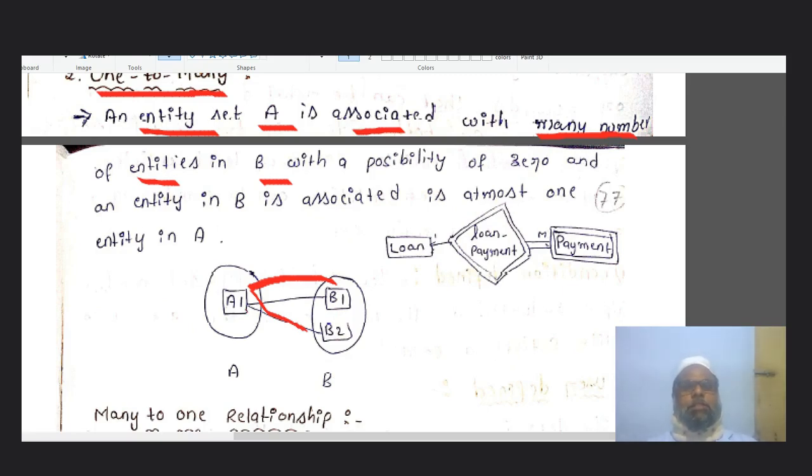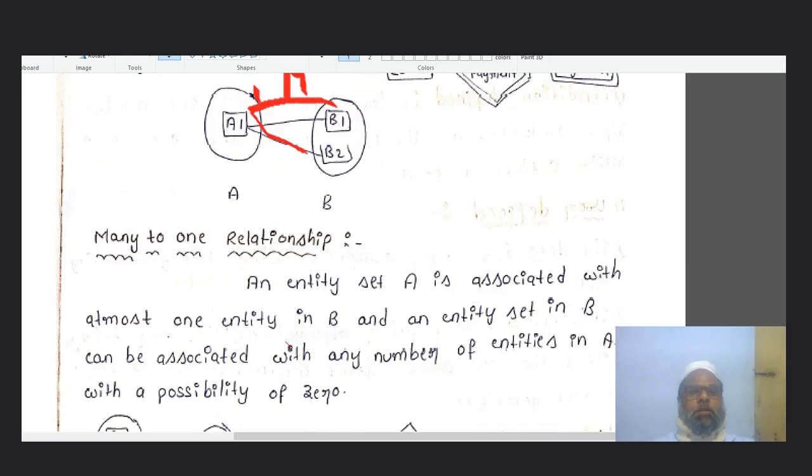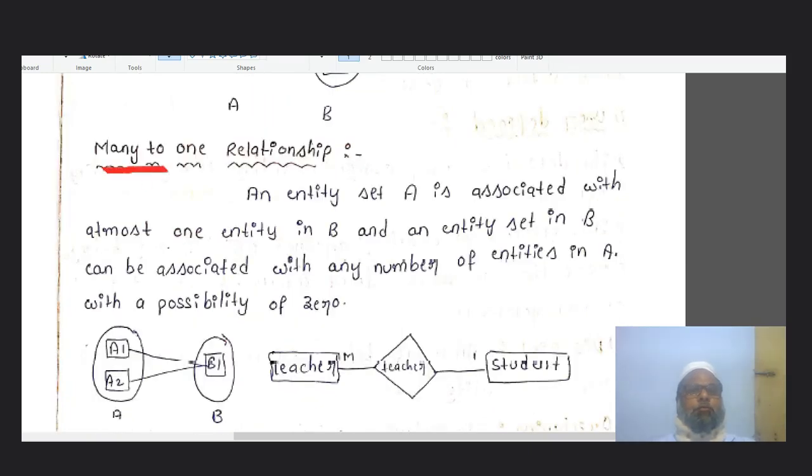So this is called a one-to-many relationship. Observe this ER diagram: a loan contains many payments, so each payment is related to only one loan. This is a one-to-many relationship.